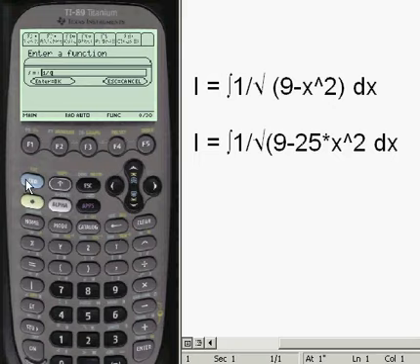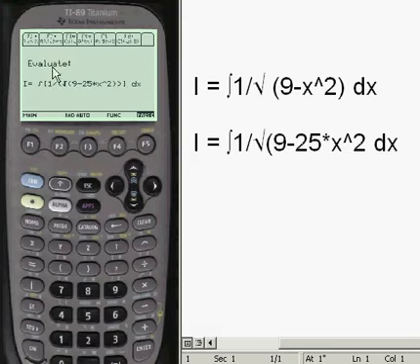Left parentheses, second, x is the radical sign. 9 minus 25 times x squared, left and right parentheses. And did we do it right? Square root of 9 minus 25 times x squared. Yes, that's cool.